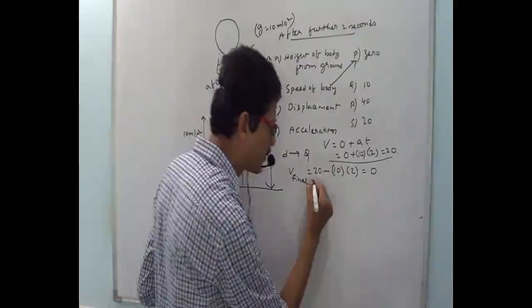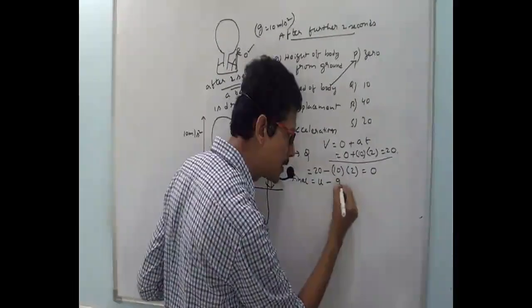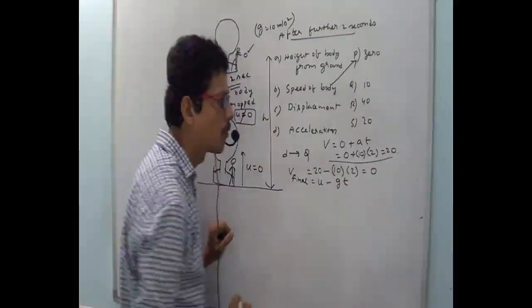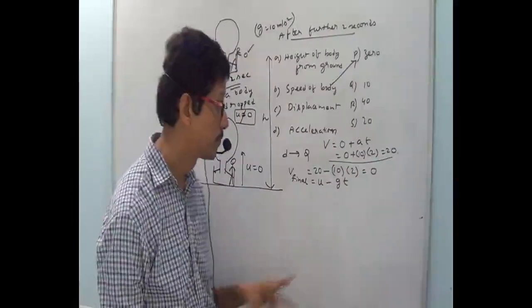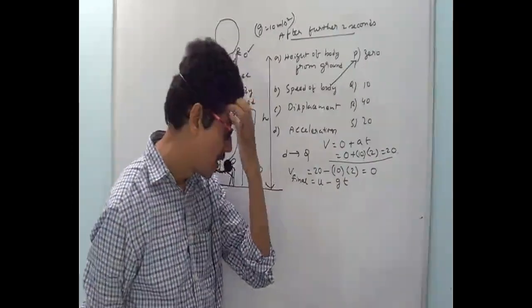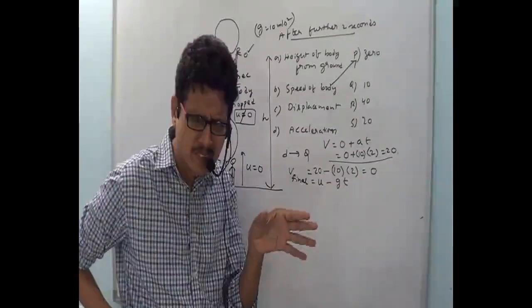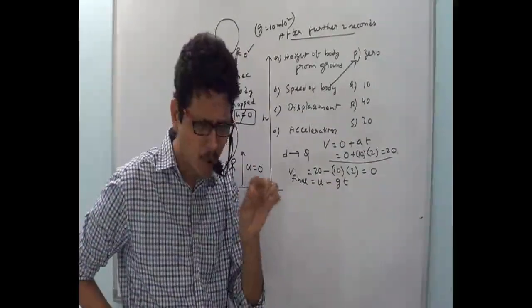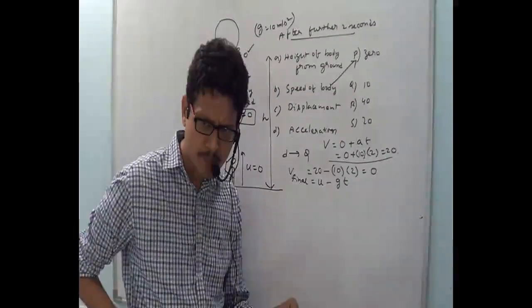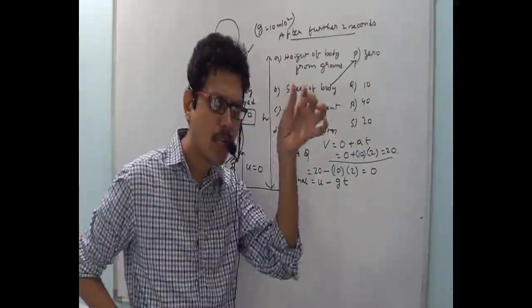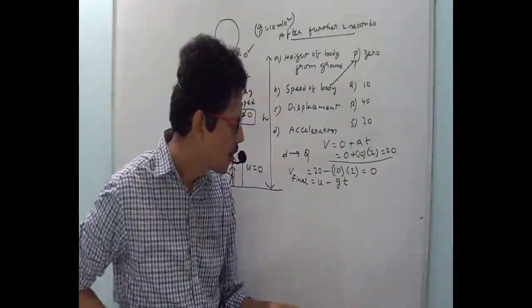What formula have I taken? You tell me, U minus GT. Why minus here? Even when dropped from the balloon, the ball has the balloon's speed, so it goes a little high and then comes down.